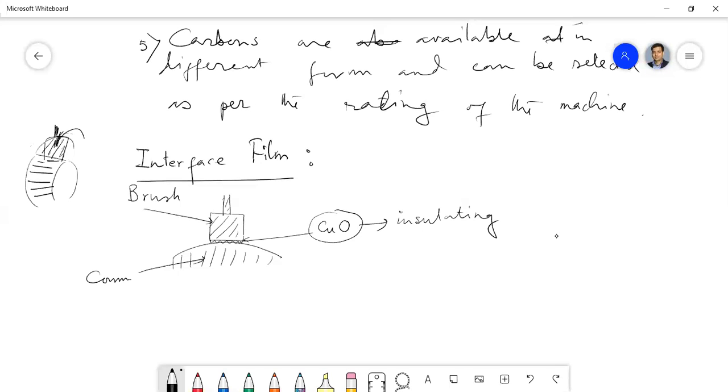So within this interface you have an insulating material which will oppose the flowing current. So how to avoid this? Have you got this problem? What kind of problem are we having? This film of cupric oxide which is formed between the commutator surface and the brush is called the interface film.